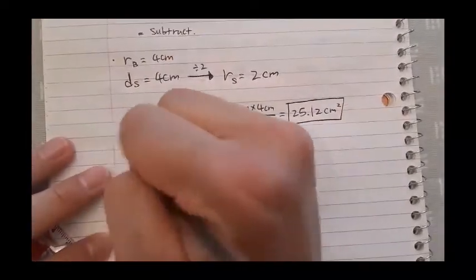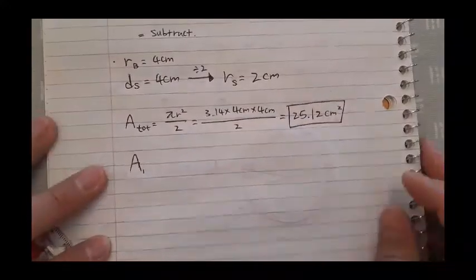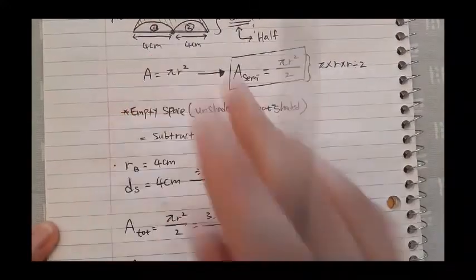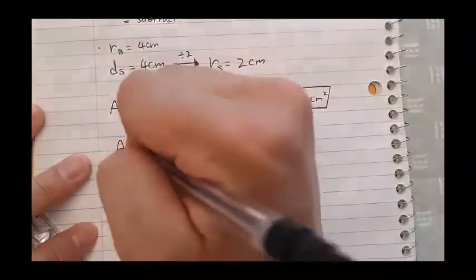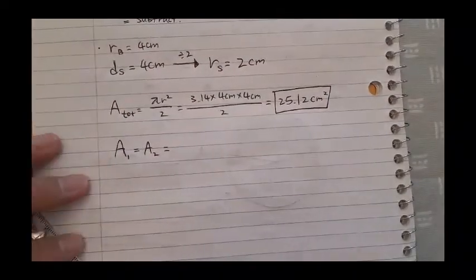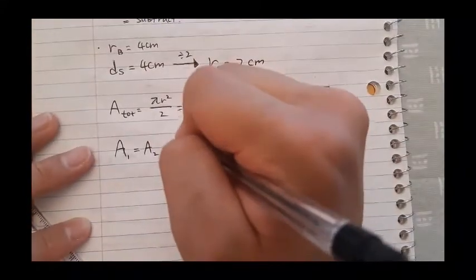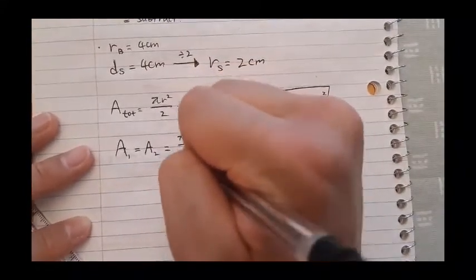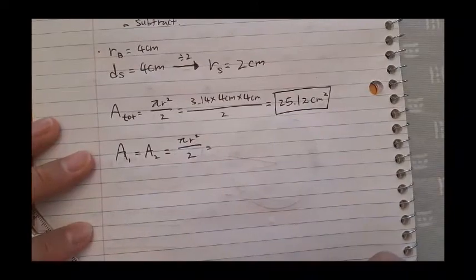Now A1, the empty one, we are going to find it, but it is equal to A2 because it's an identical shape. It is also a semicircle. So it's pi r squared divided by 2.